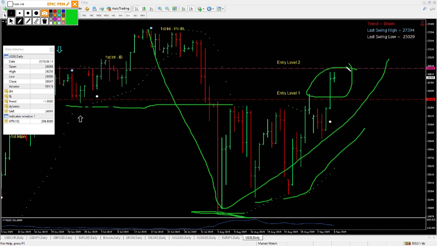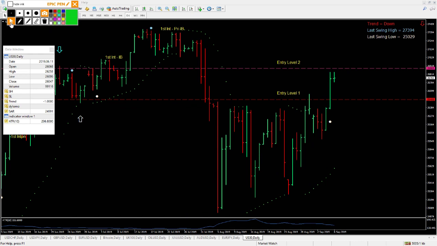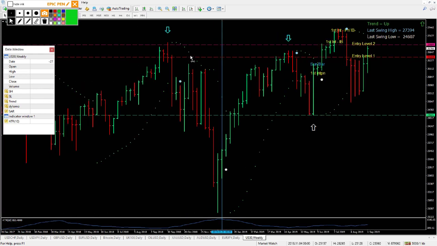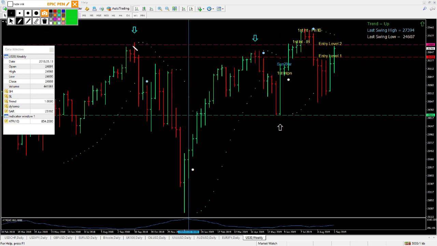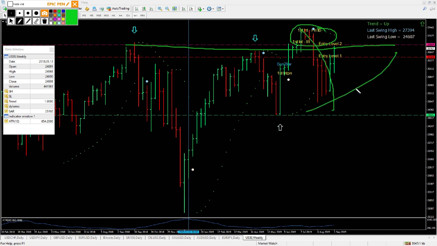I'm still a bit bearish on the Dow with its fundamental points. If you take a look at the weekly, you can see that it's hovering around this high for the last one year. It's not going past that. It went back a bit, bounced off that. Now it's in a downtrend on the daily.